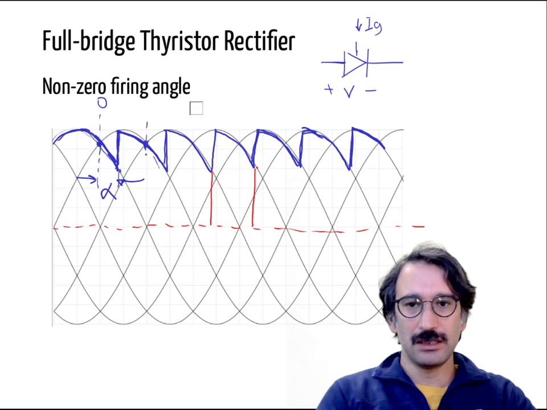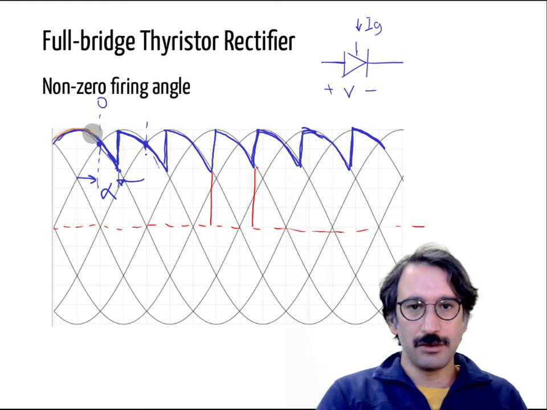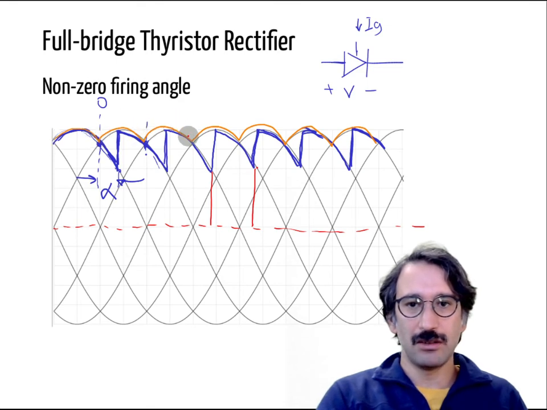The other method is, we already know the diode rectifier case, right? Let me use the orange one. Previously it was following those peaks. I already calculated that voltage for diodes. Now there's a reduction due to that area.